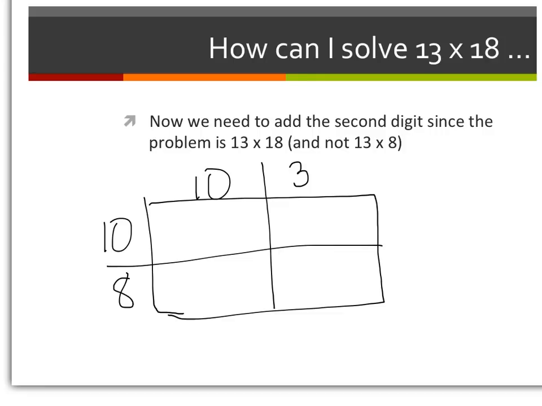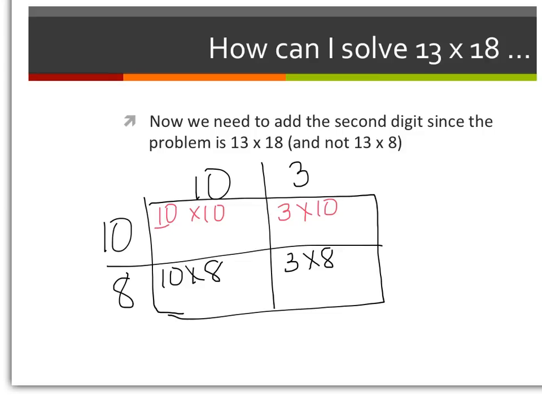I'm still going to multiply 10 times 8 and 3 times 8, but I also need to multiply 10 times 10 and 3 times 10.